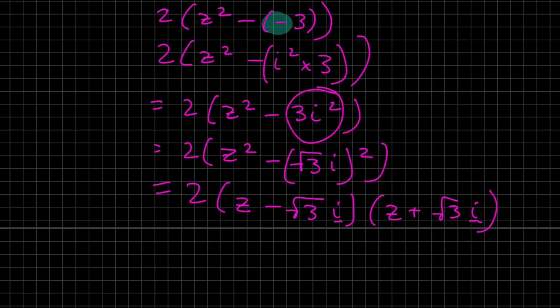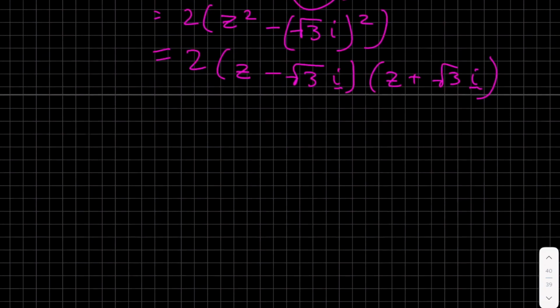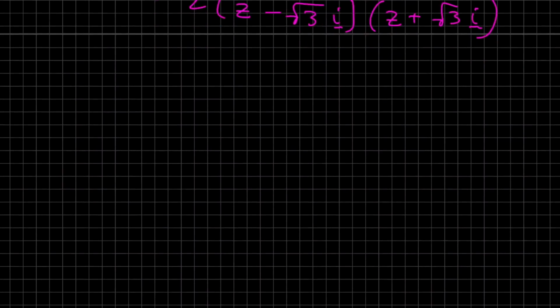Now, the second method that we could use to factorize our quadratic equations is by using our completing the square formula. So let's have a go with this equation here. So we've got z squared plus z plus 3. If we were to complete the square, then we would take the value of our b over here and divide it by 2.